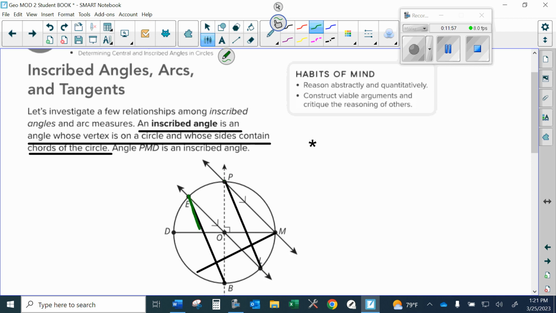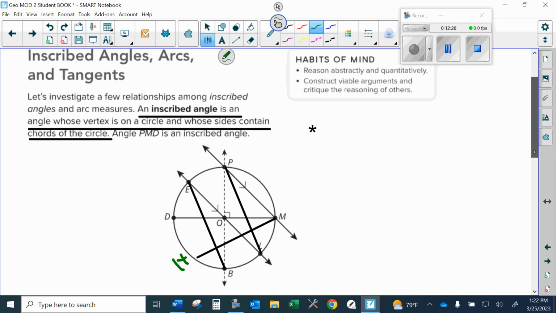We have EBP would be an inscribed angle because the vertex is on the circle. We have PM, we'll call this H. PMH is an inscribed angle because the angle is on the circle, not inside the circle. Okay, so inscribed angles. And an inscribed angle is always equal to half of its intercepted arc.